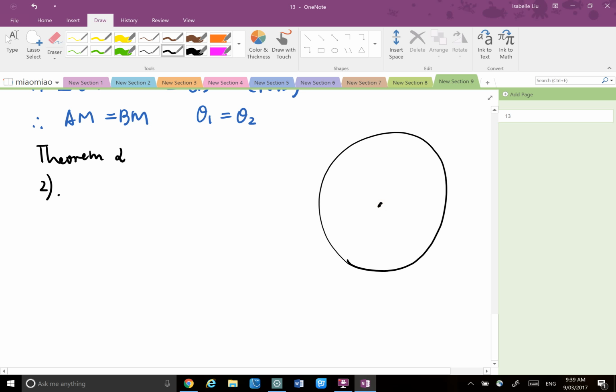We have a circle here, and then we have two chords, AB and CD, and I have point O. What I have is OE perpendicular to AB and OF perpendicular to CD.